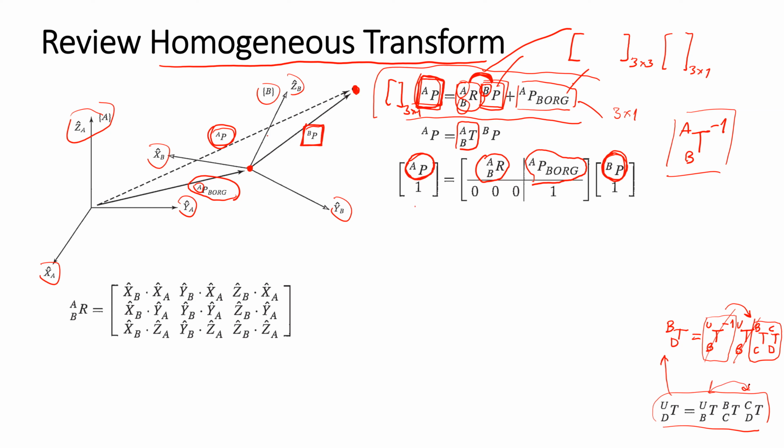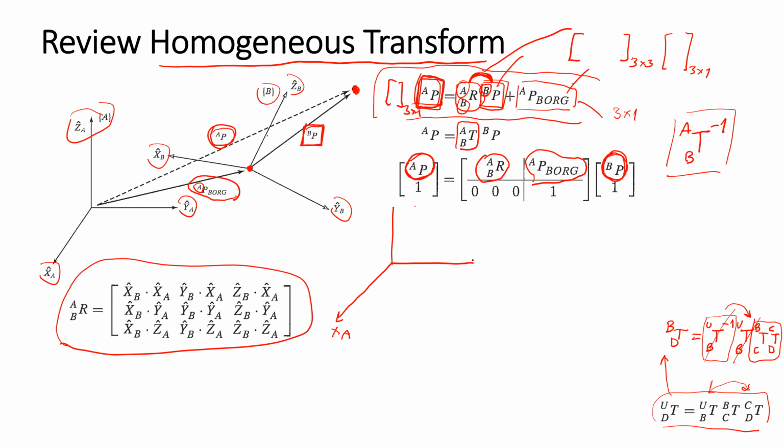It's convenient. And yet one more thing that we should still remember is how to compose the rotational matrix. To compose the rotational matrix, what we need to do is, hey, if we have the frame XA, YA, and ZA, what's gonna happen if we rotate the frame from A to frame B about the Z axis only?